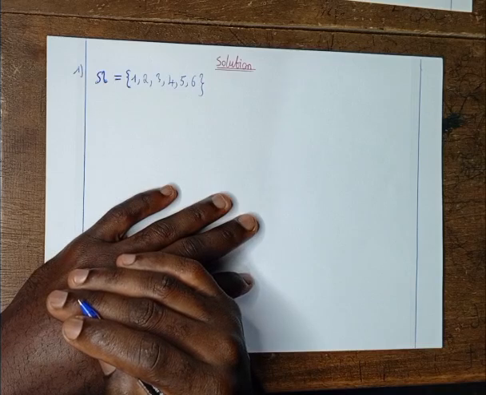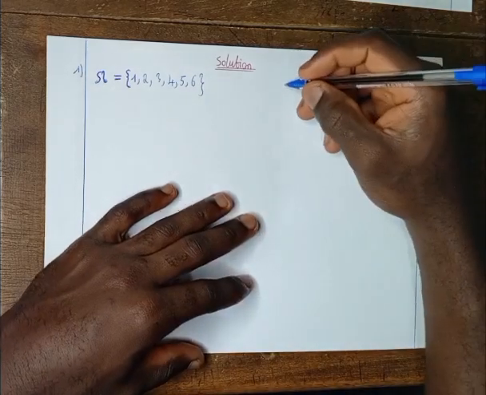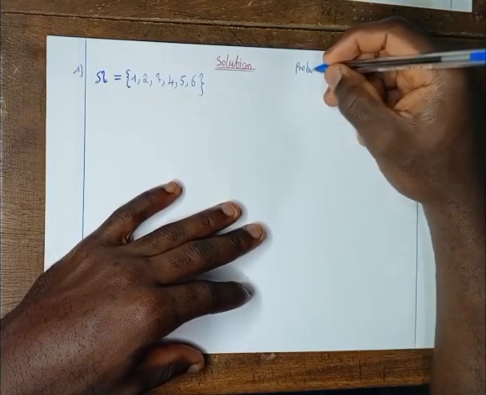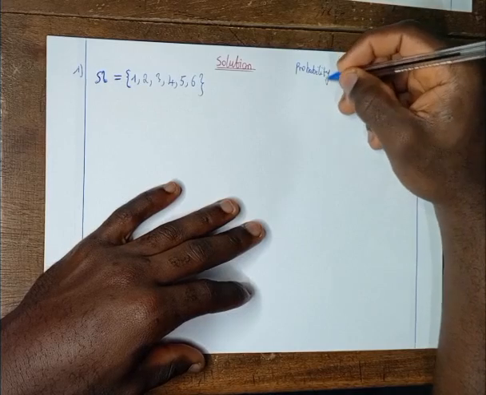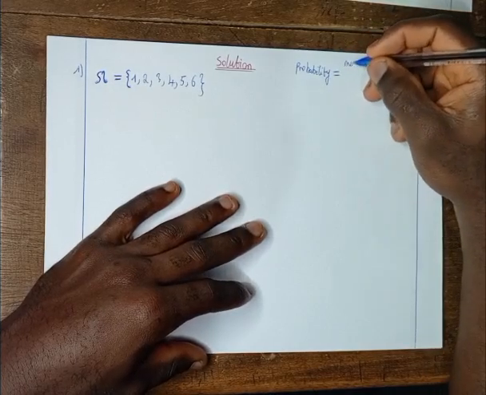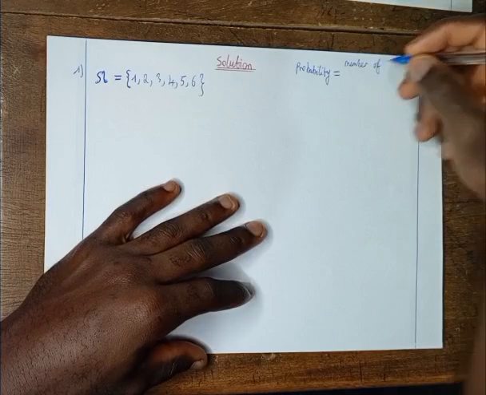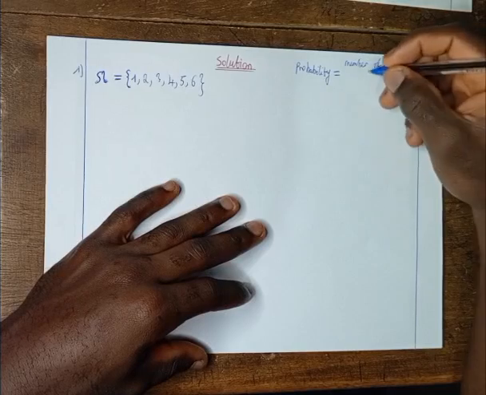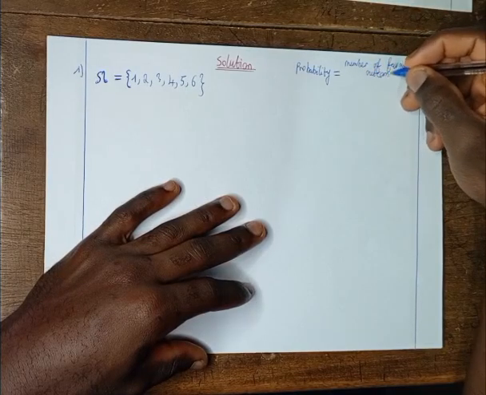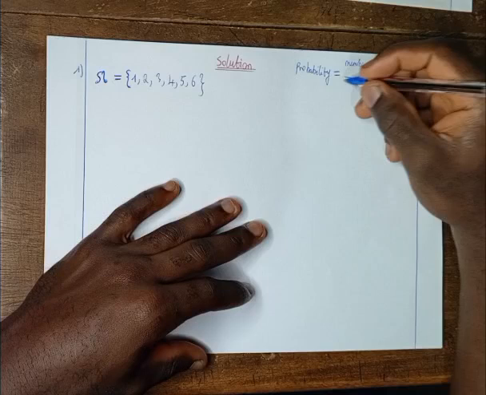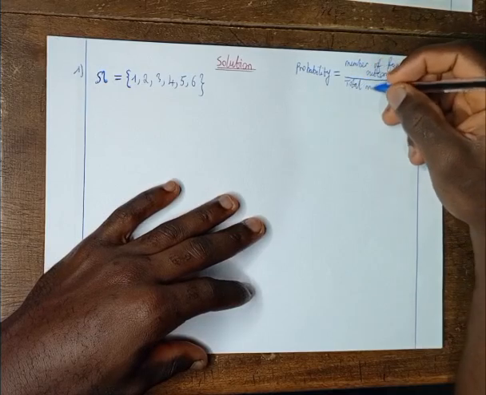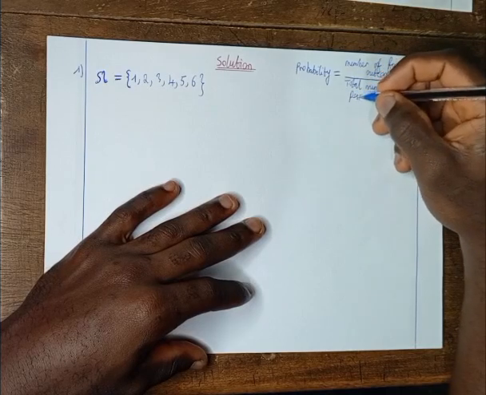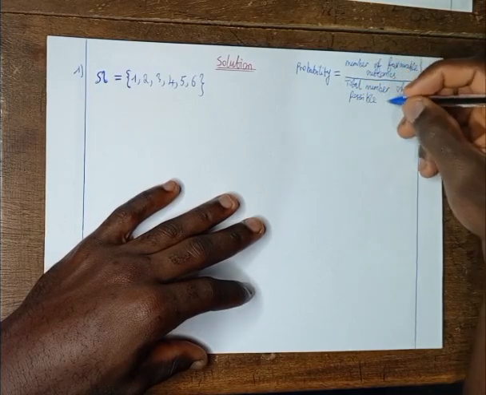And for us to get the probability, we simply take the number of favorable outcomes over the total number of possible outcomes.